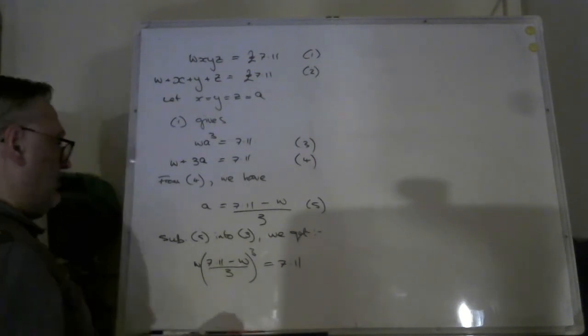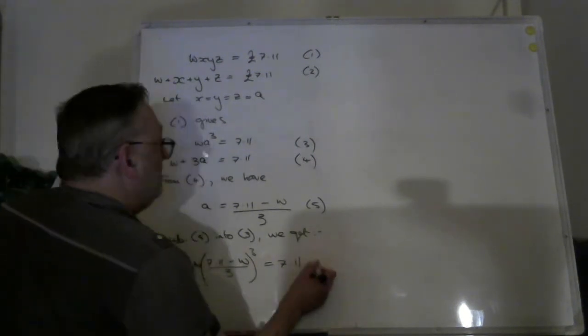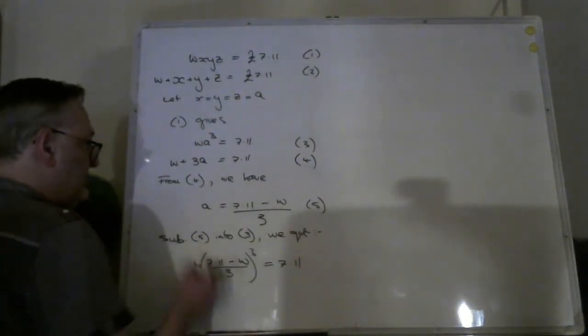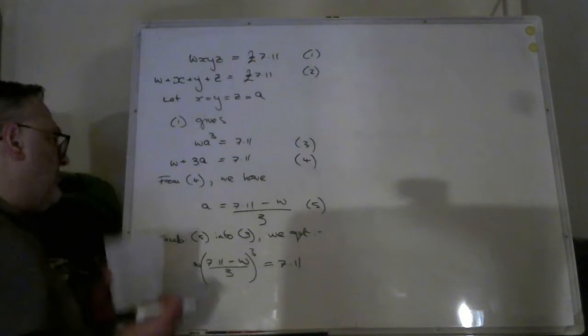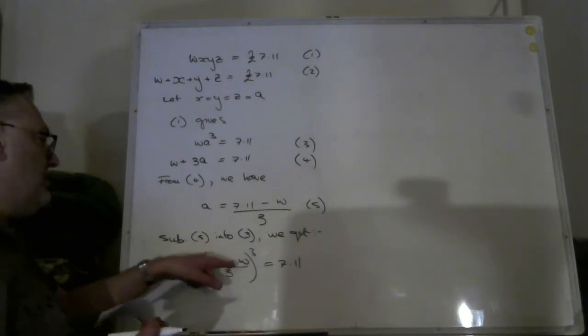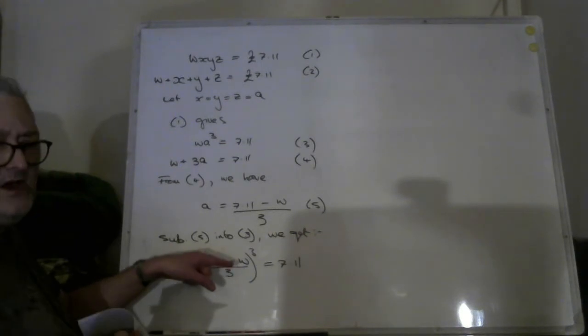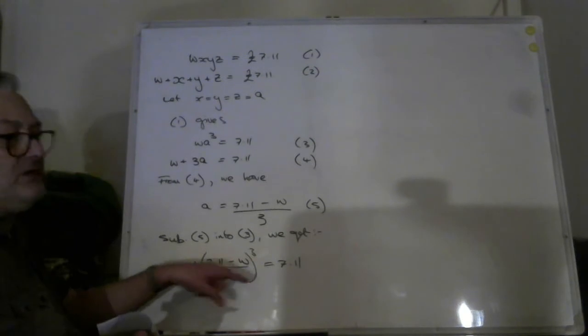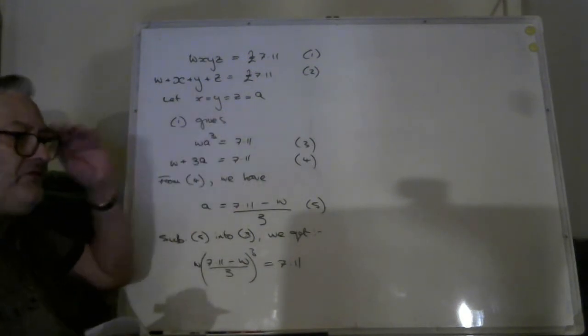Now, if we go from this equation to the next line, how are we going to solve this? Well, if you multiply all of that out, you'll end up with an equation in terms of W to the power 4 plus or minus W to the power 3 and so on like that.